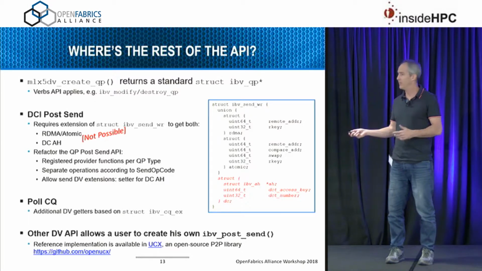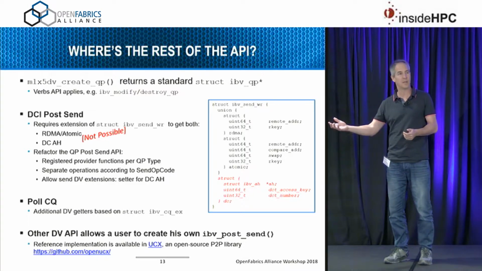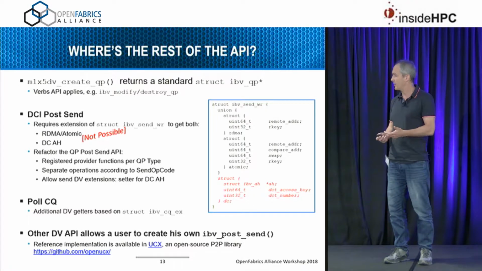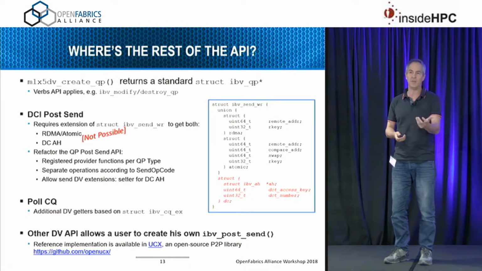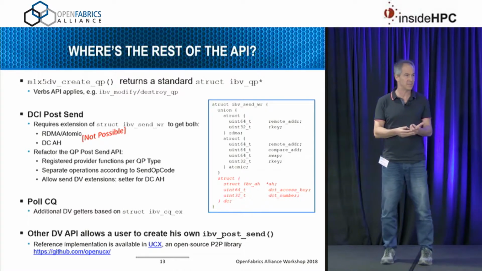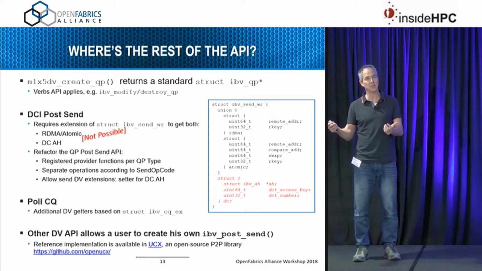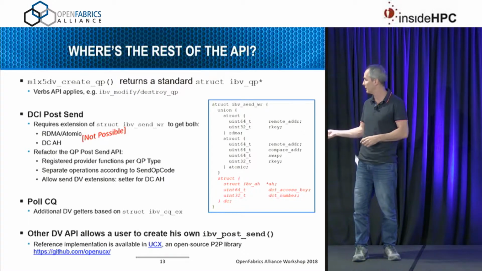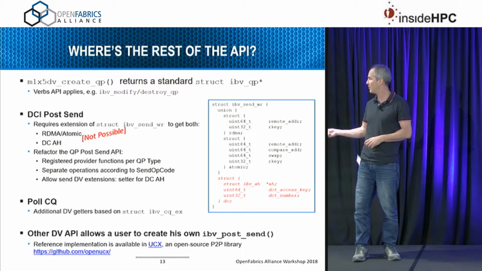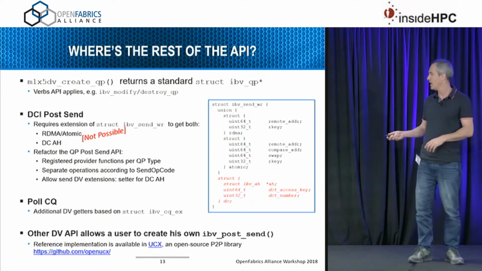So in the DC type, if the user created a Mellanox-specific QP type of DCI, the IBV QP, or maybe the IBV extended QP object, will have different send operations, and the user can go again to the DV header file to do a specific send operation with a DC address handle. He will be able to pass these parameters as part of the DV extensions, which are part of the send refactoring that we want to do.